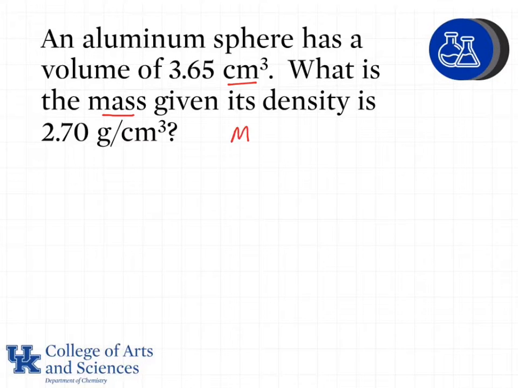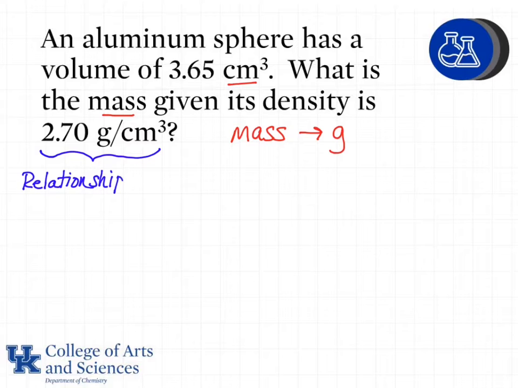And so the most common unit of mass that we'll see is in grams. Mass can be given in other units such as kilograms or milligrams, but because we're given the density in grams per centimeters cubed, we're going to go to grams. Notice that this is a relationship that is specific to aluminum, and it's going to be different for different substances.